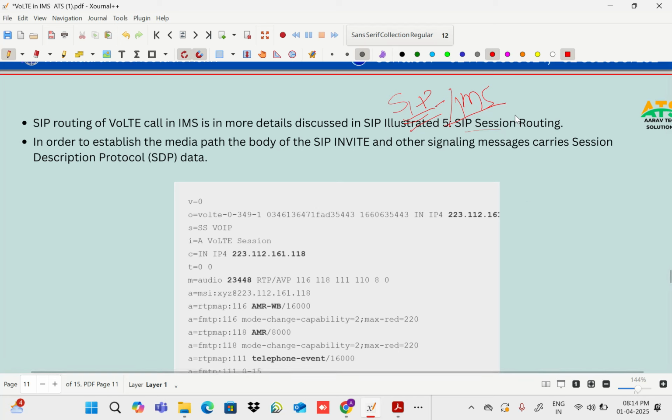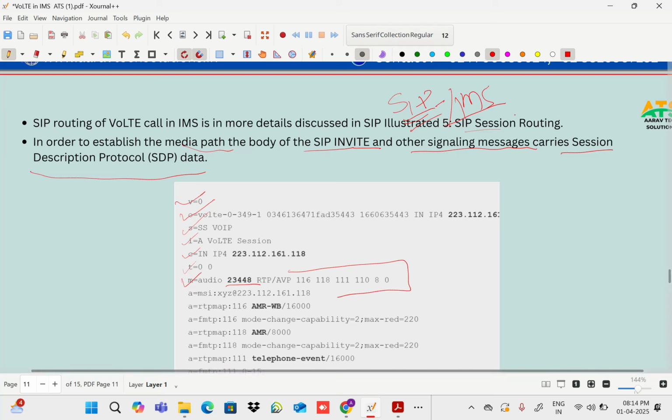SIP session routing. In order to establish the media path, the body of the SIP INVITE and other signaling messages carries session description SDP data. This is the version of SIP. This is the originator. This is the sender. It has a session, a port, time, media attribute, audio.